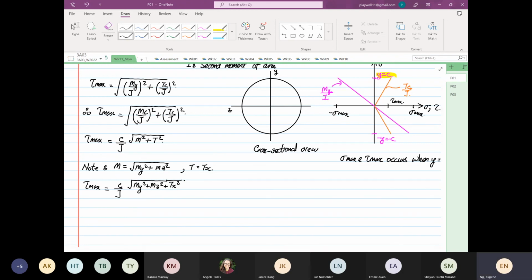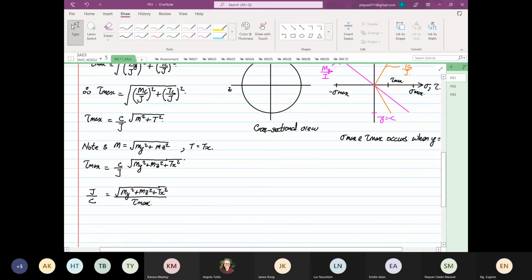Then from here, we can find our J over c. So this is equal to square root of My squared plus Mz squared plus torque squared, divided by tau max.